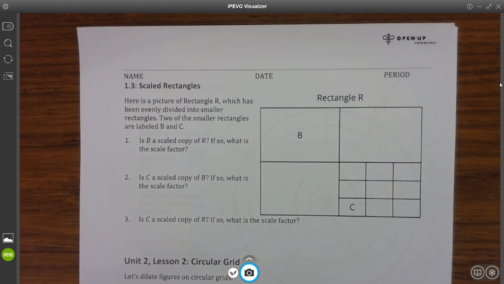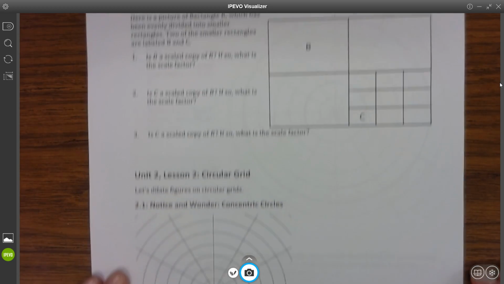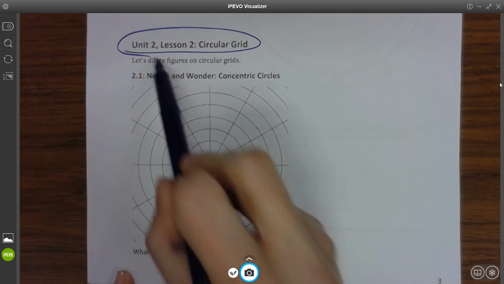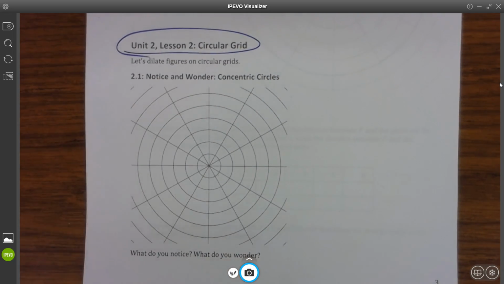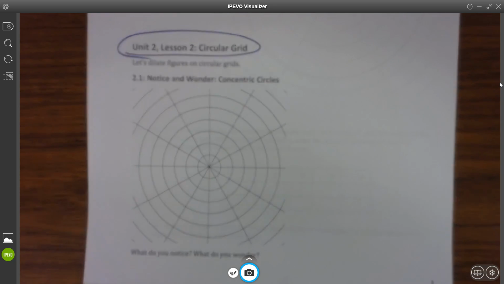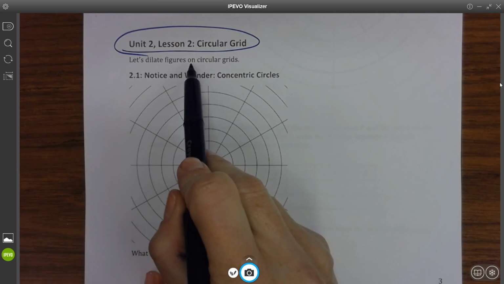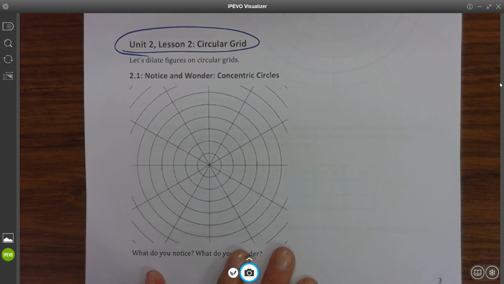But we are going to go straight into lesson 2. Unit 2, lesson 2, circular grid. So we are going to dilate figures on a circular grid.